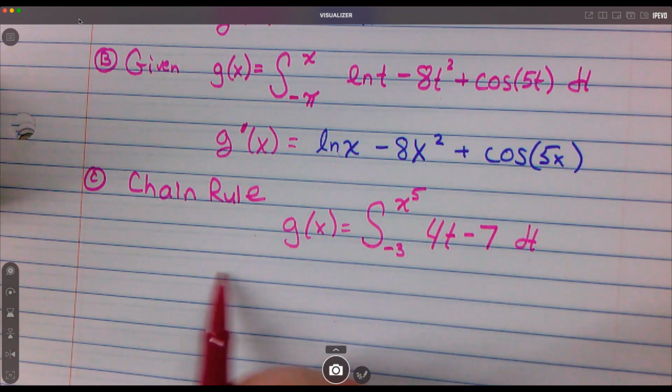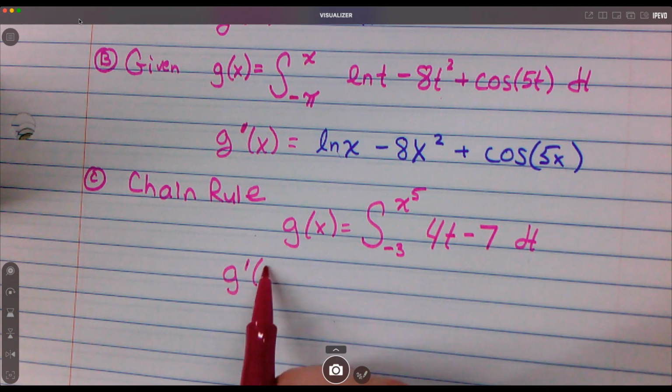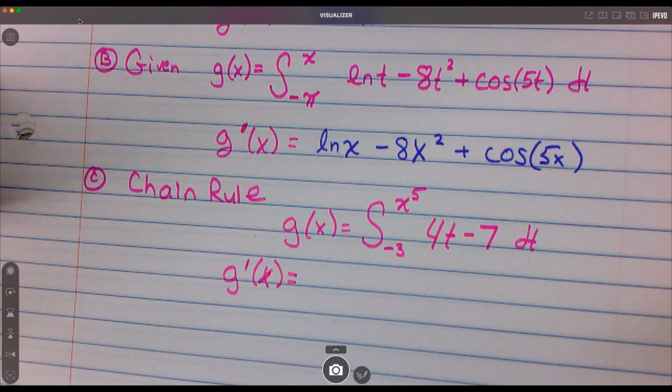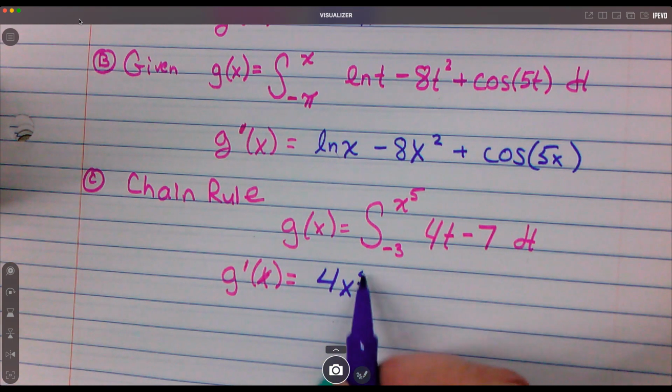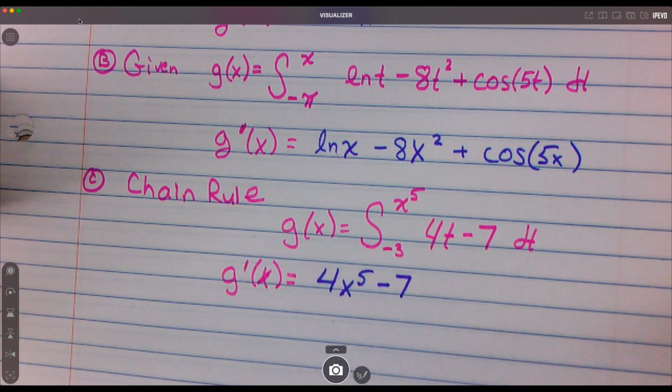Okay, so here we go. G prime of x. We're going to put that x to the 5 where the t was. No problem, right? So far, so good?